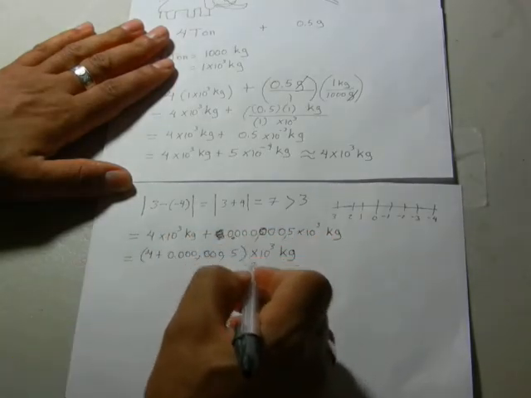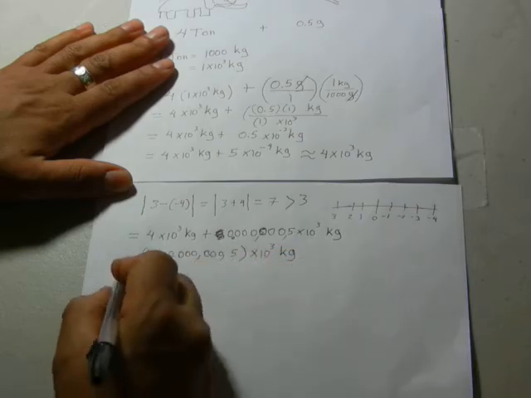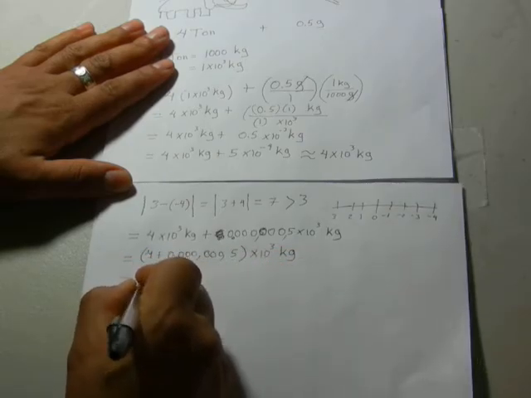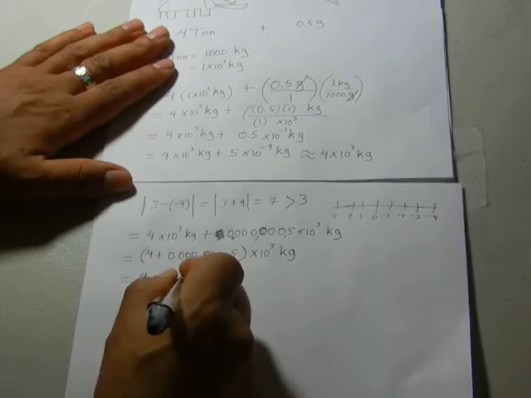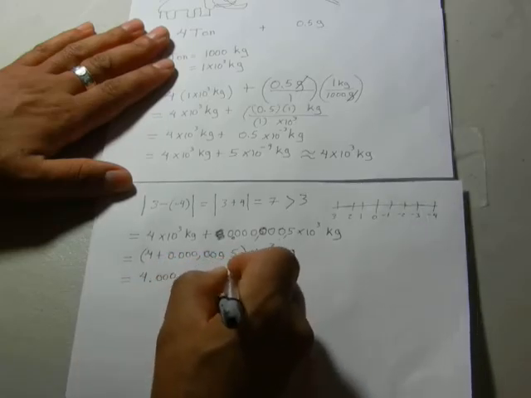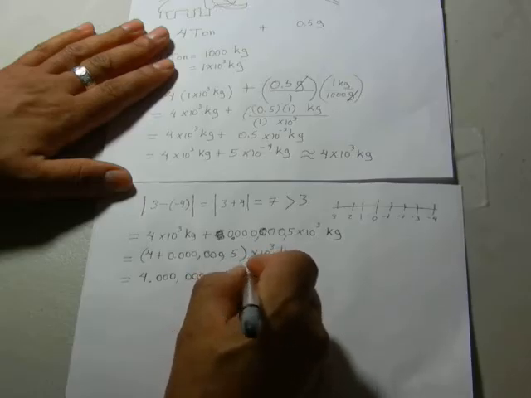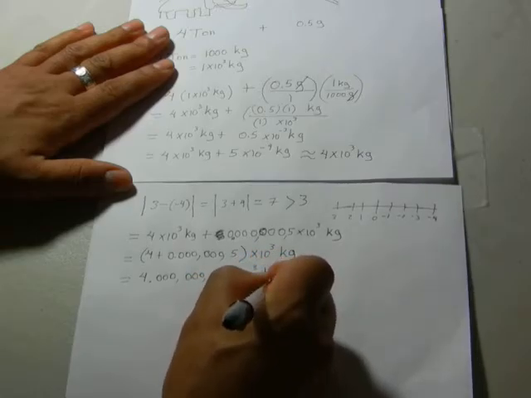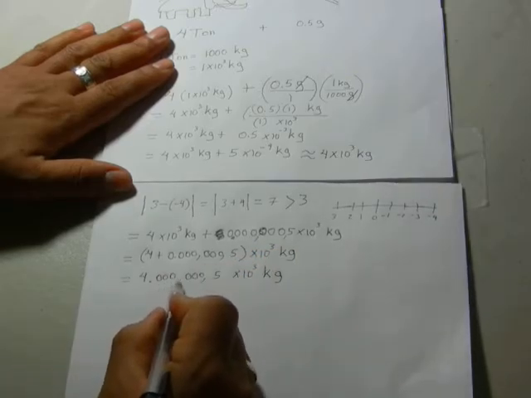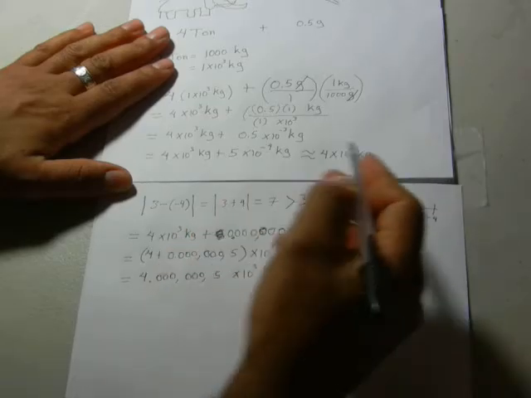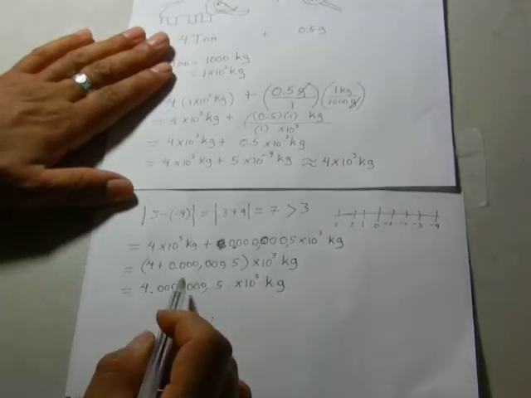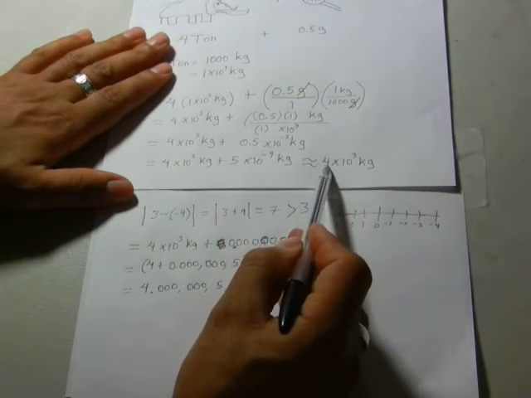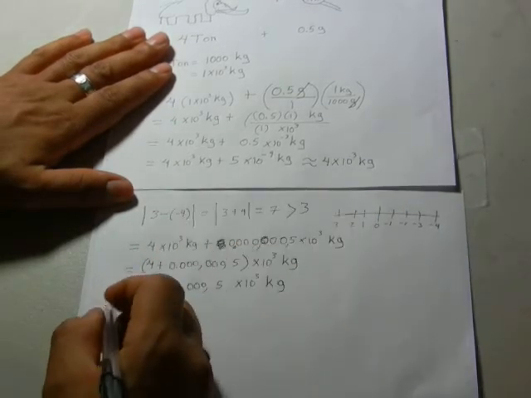This is the kind of special orange or apple that we have, and the answer will be 4.0000005 thousand kilograms. You see, it doesn't make sense to keep carrying all this, for the reason that from the very beginning we were expressing the biggest magnitude order.